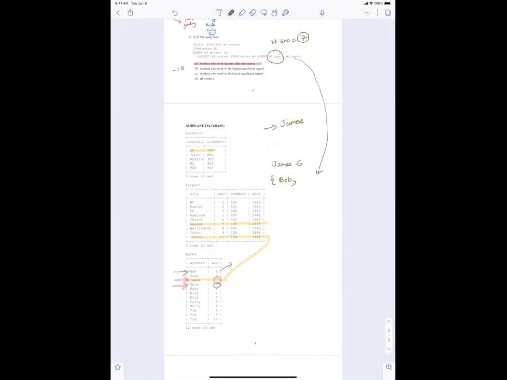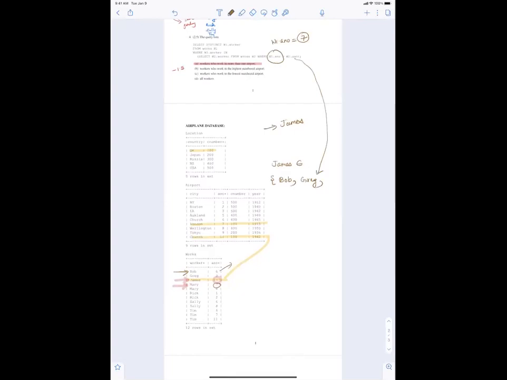Then let's look at line number 2. W1.a number is greater than 3, so it's going to get Greg, right? Then we go to James, but 7 is not greater than 7, so James's name is not appearing there. Then Mary's first line will not appear, Mary's second line will not appear.